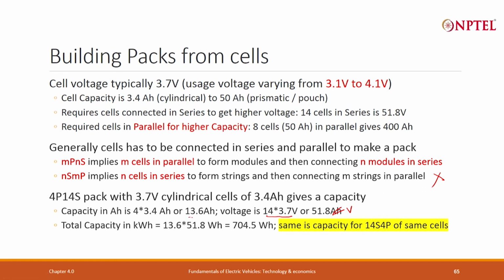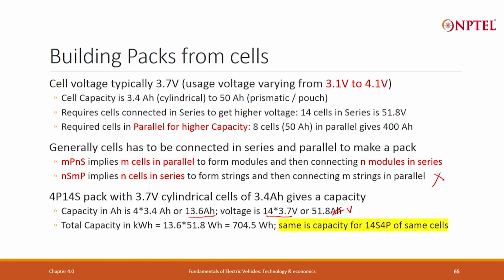Okay, this is 13.6 Ah. So, total capacity in kilowatt hour is now this 13.6 multiplied by 51.8 volt. So, the ampere hour multiplied by volt will give me watt hour. So, this is 705 watt hour with 4P14S.